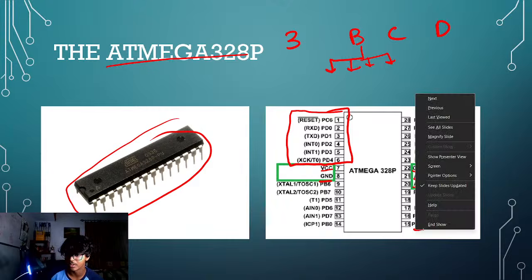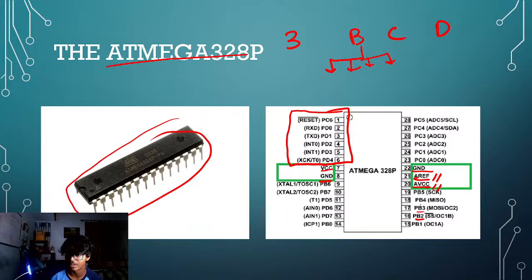You have B0, B1, B2, B3, B4, B5, B6, B7, and okay. So one of them has 7, but okay. So B has 7 pins, and C and D have 8.